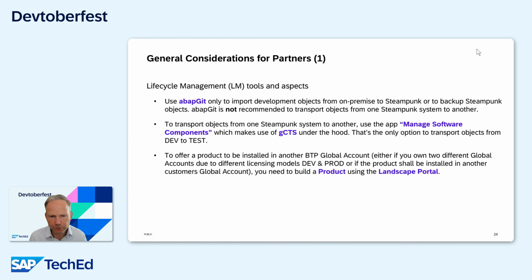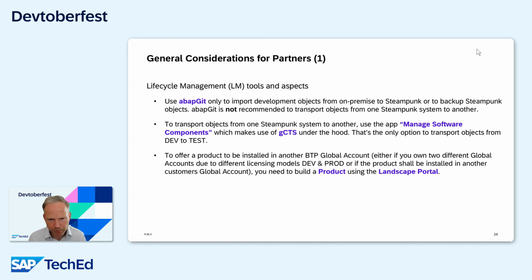But it's only used to initially import development objects into a Steampunk system, or later on to back up your system if you want to stop using Steampunk and you want to transfer your objects out of the system.